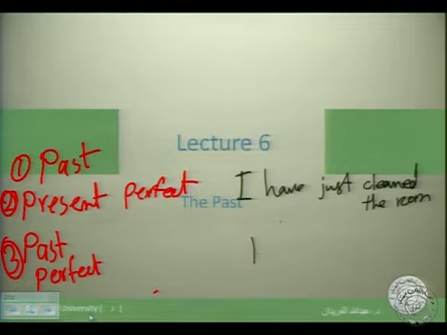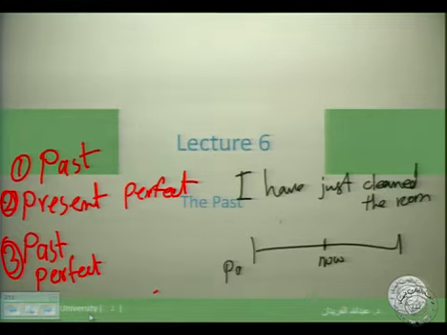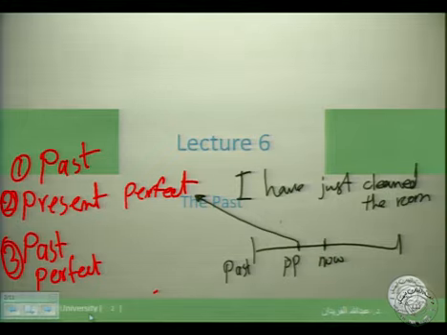So if we draw the timeline, I would say it is now, and that is the past. Here is the present perfect, something close to the present time. This is why we call it present perfect.